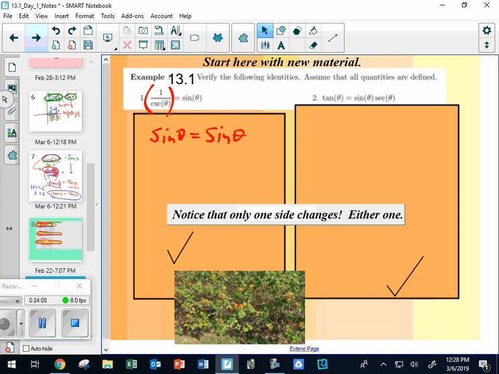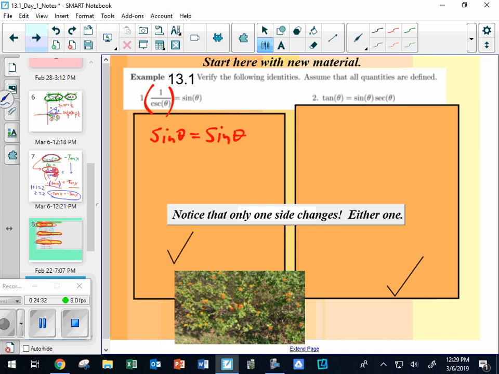Technically, you can mess with either side, and it'll be a proof, but it's usually more complicated. Like tangent, I could swap it for sine over cosine, and I could mess with the left side if I wanted to, and make it eventually equal the right side. But generally, start with the more complicated side and simplify it.